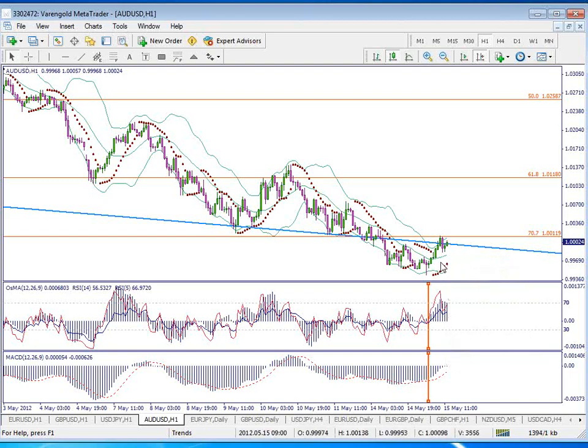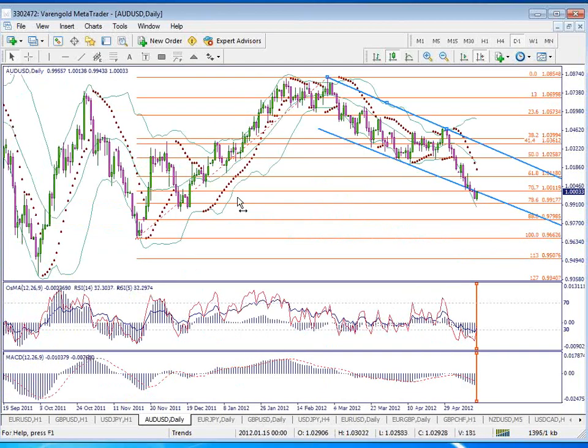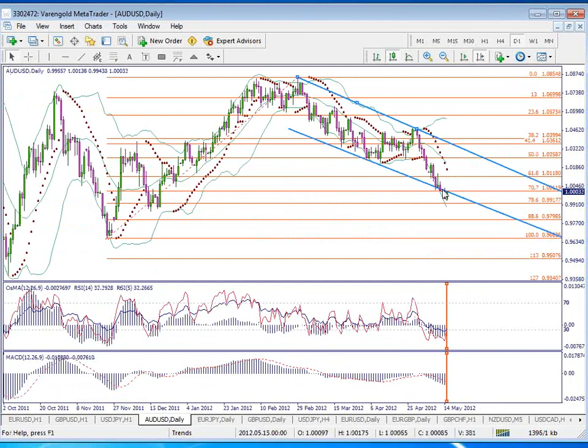Probably it will be up to the middle Bollinger Band here, and the pair will continue up to 61.8. In this point, I think that we will see this swing between the lines of the channel. Anyway, minimum at 61.8 or maybe at 50 level.